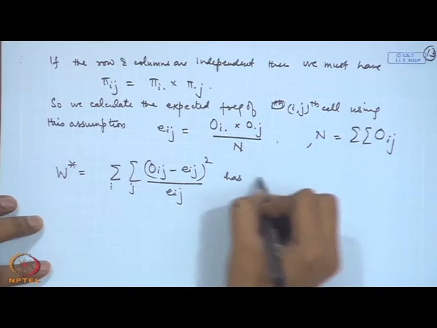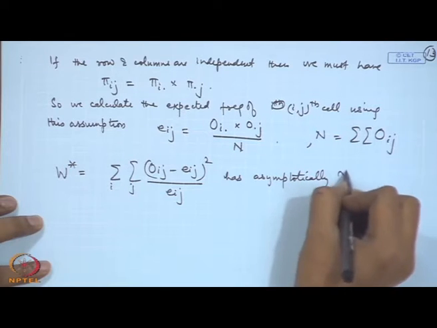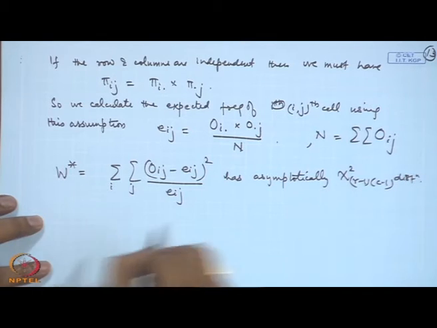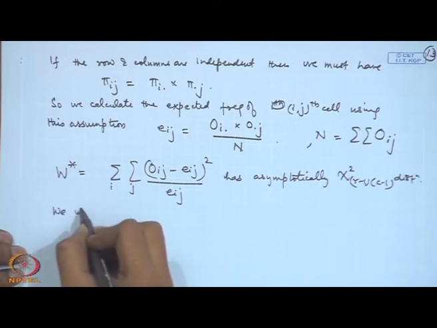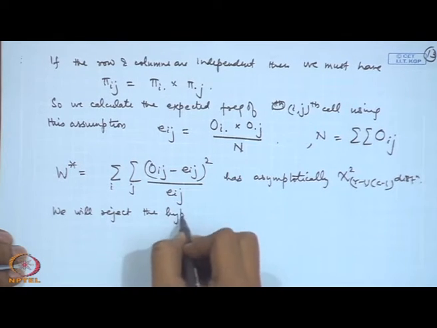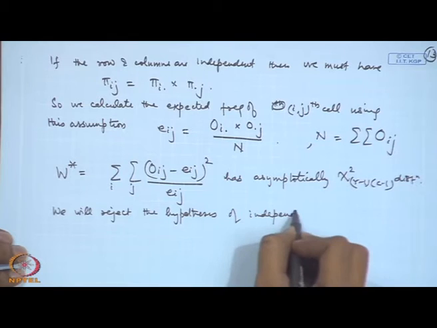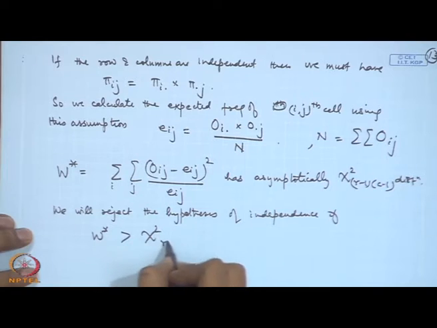This has asymptotically a chi square r minus 1 c minus 1 distribution. So, we will reject the hypothesis of independence if W star is greater than chi square r minus 1 c minus 1 alpha.